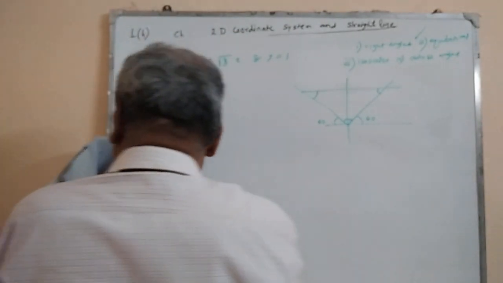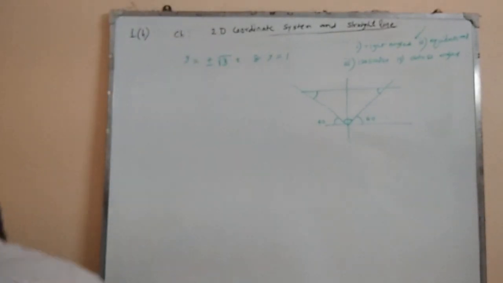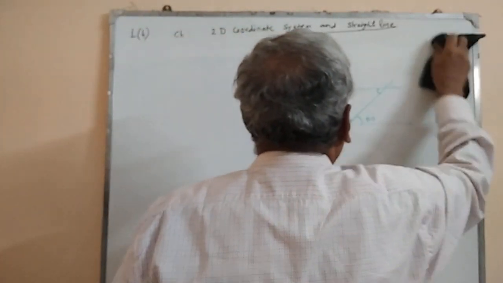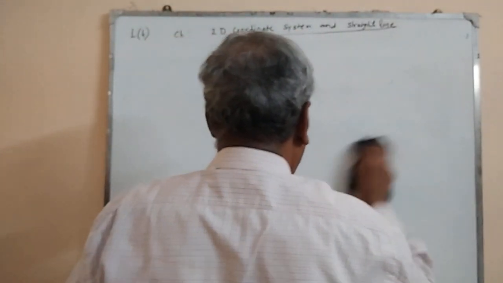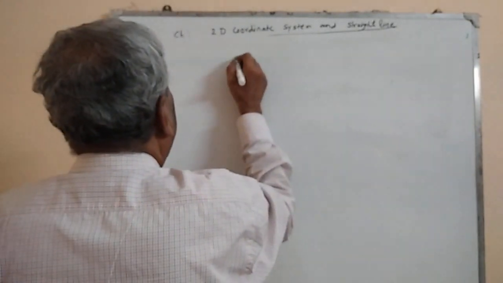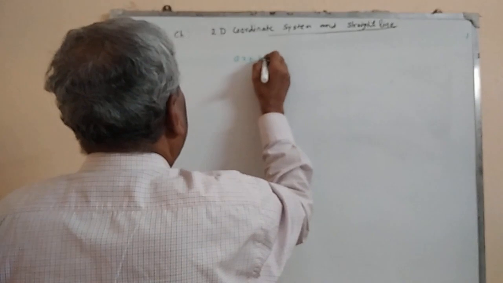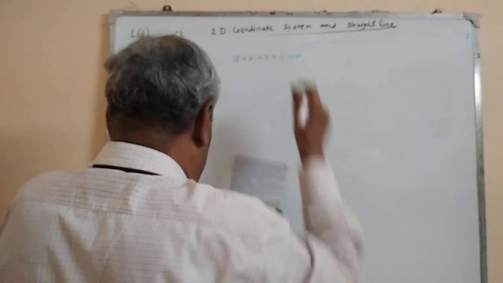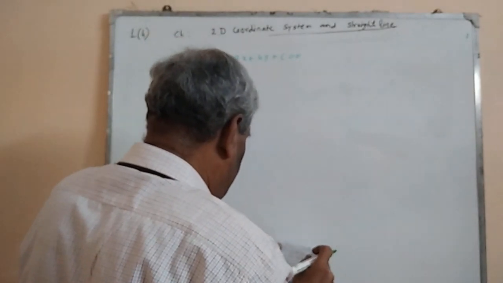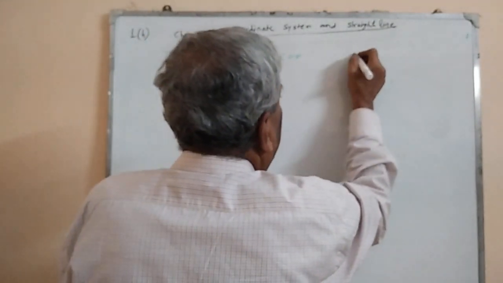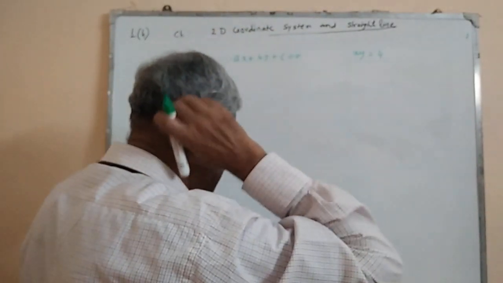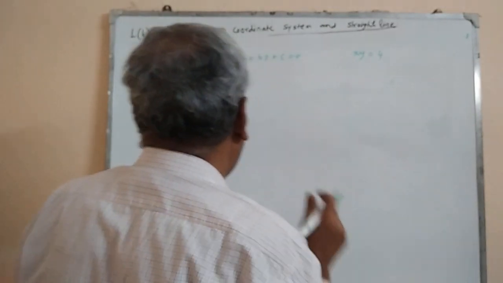If ax plus by plus c is equal to 0 is a tangent to the curve xy is equal to 4, then which one is true?